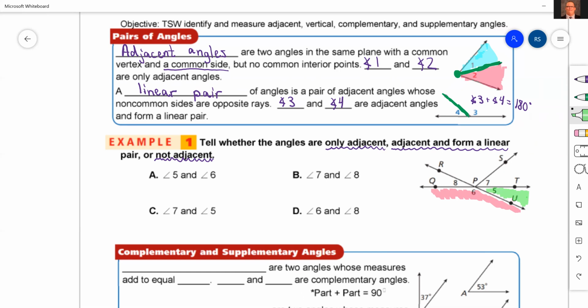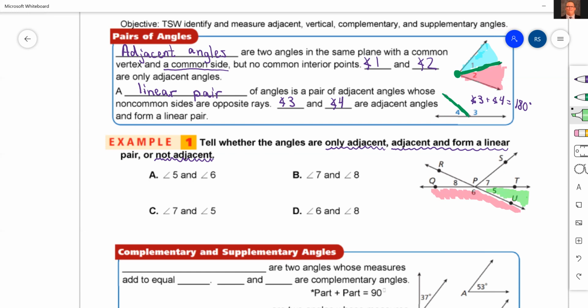Kind of color in to see what they do. Looking at these angles, this red and green, they're definitely adjacent because they share a side, but then what do their other two sides that they don't share do? They make a linear pair.